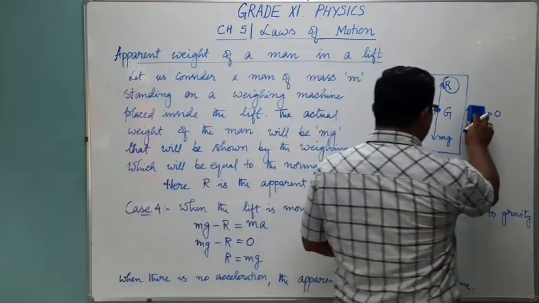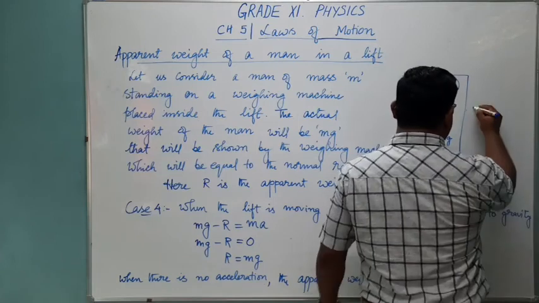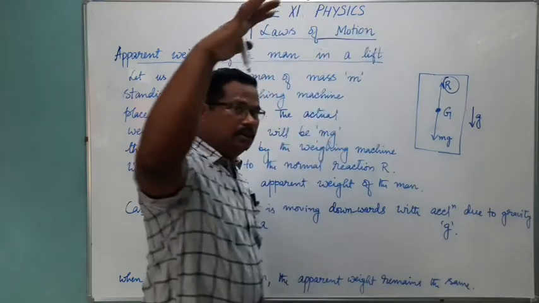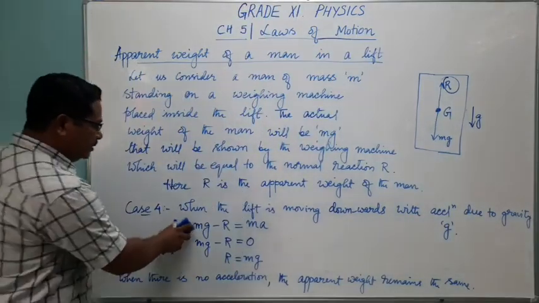Suppose the lift is coming down, falling freely, that means coming down with acceleration due to gravity of the earth, then it is falling down freely. Then what happens?